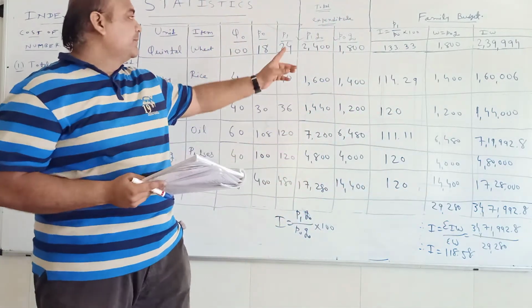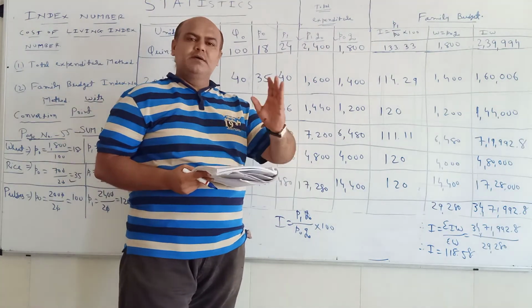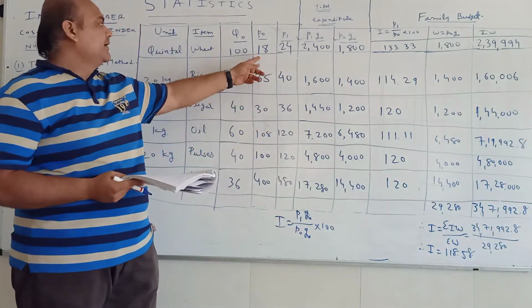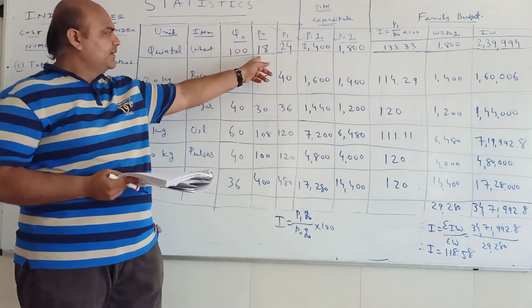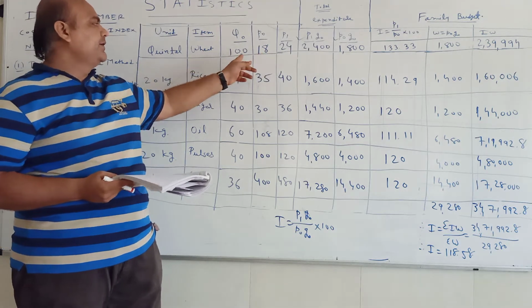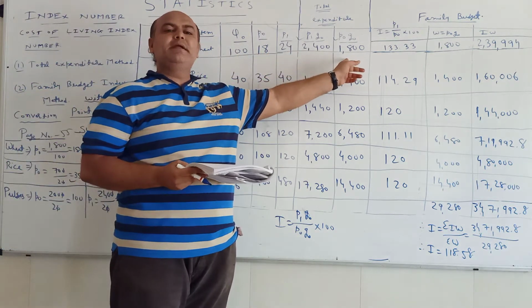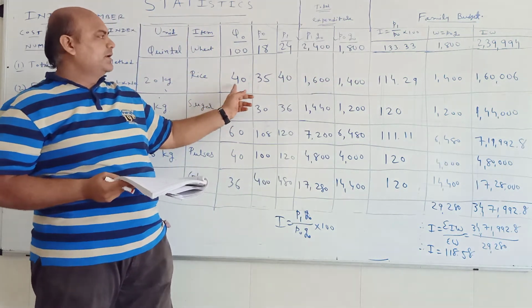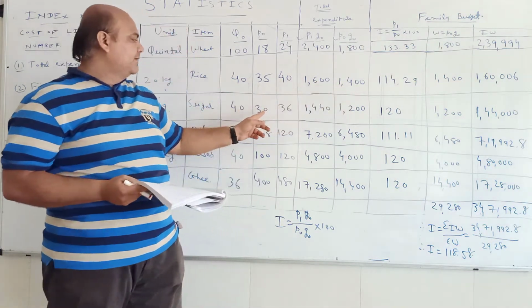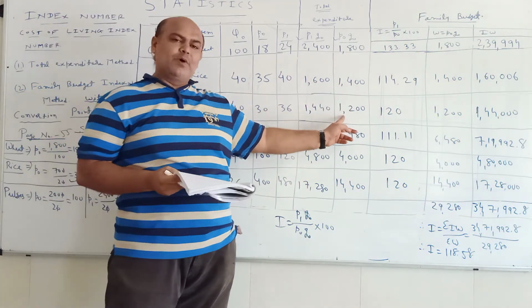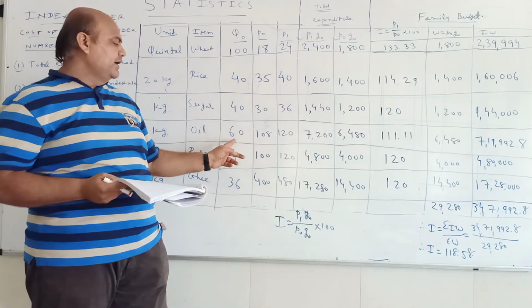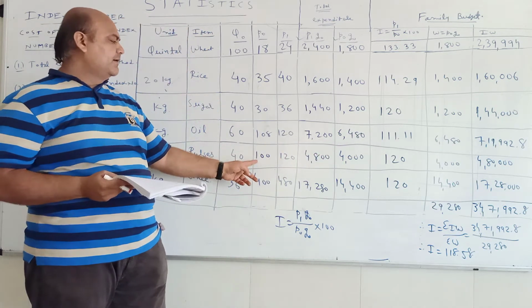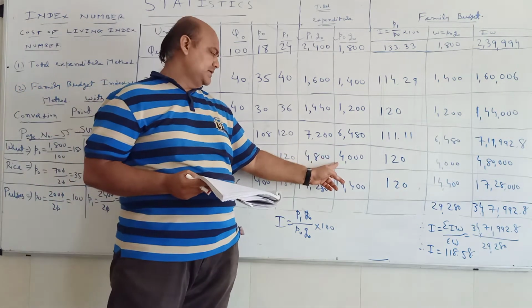Next column is P0 Q0. Simply the P0 column multiplied with Q0. Here P0 is 18, Q0 is 100, 18 into 100, that is 1800. 35 into 40, that is 1400. 30 into 40, 1200. 108 into 60, 6480. 100 into 40, 4000.